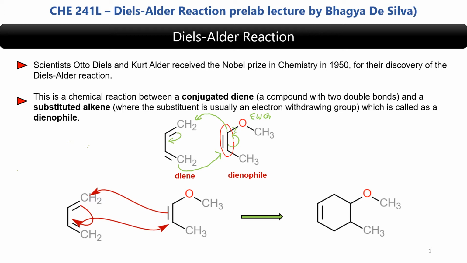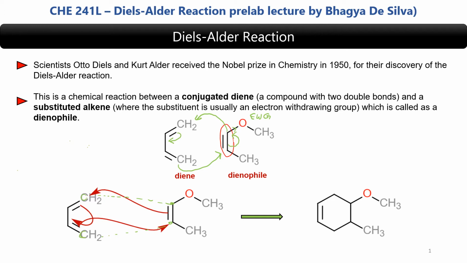Once that electron shifting is completed, we're going to end up with a new molecule, where new covalent bonds are formed between the carbon here and the carbon here, and this carbon.